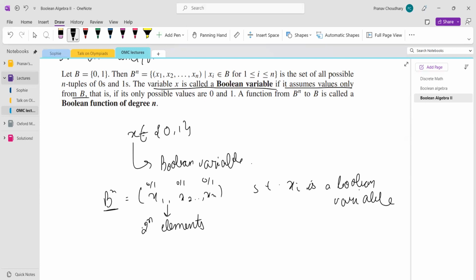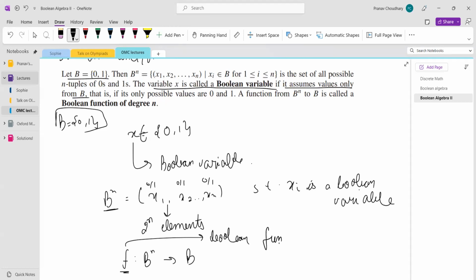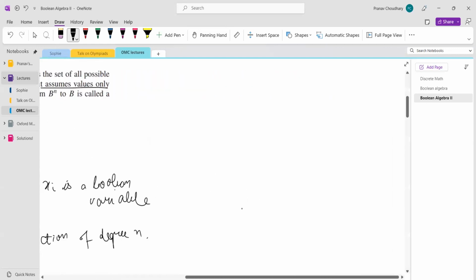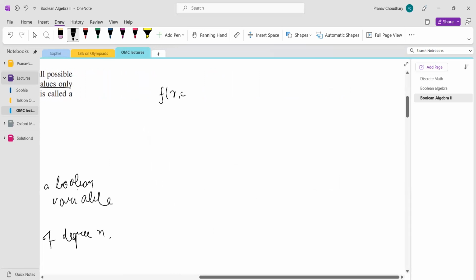And we define a function f from B^n to B, where B is {0, 1}, and this function f is called a Boolean function of degree n. So this was the way you define it rigorously, but let's see what it means. Let's consider the function f(x, y) = xy' + x'.